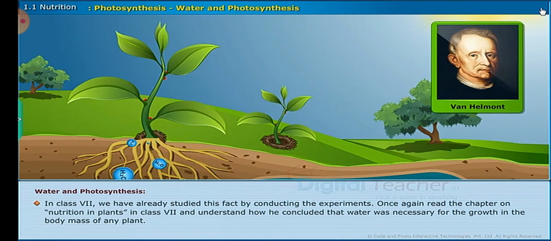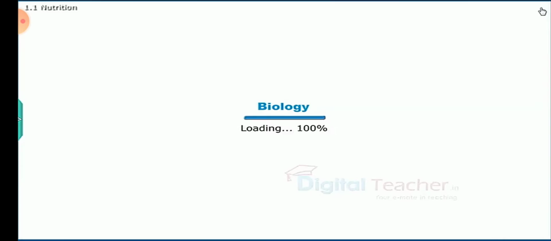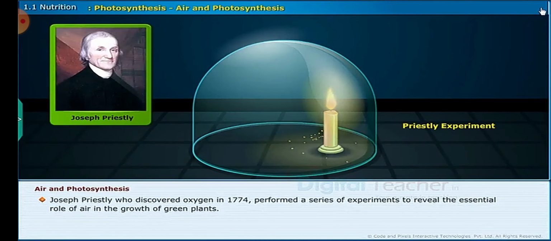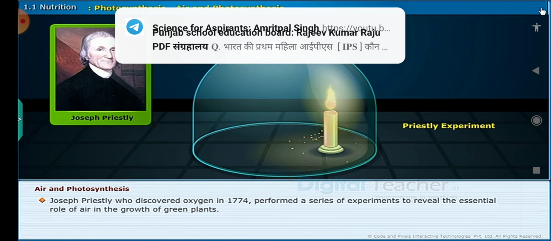Now, let us learn about the role of air in the process of photosynthesis. Joseph Priestley, who discovered oxygen in 1774, performed a series of experiments to reveal the essential role of air in the growth of green plants.